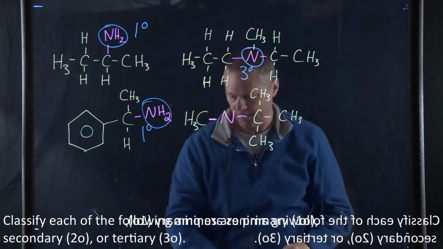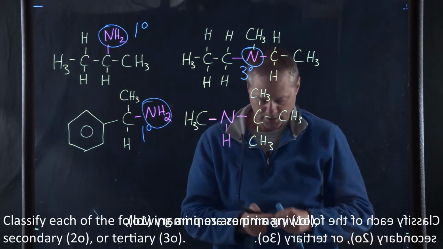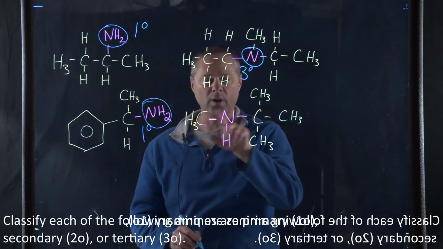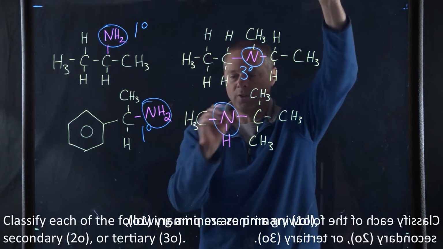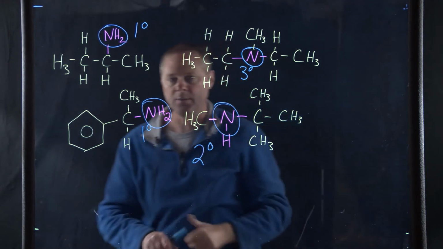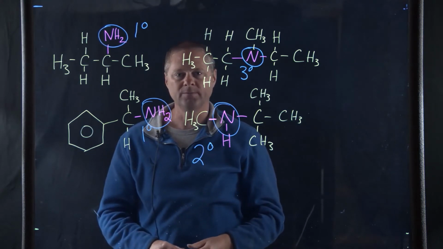This nitrogen, oops, I left the hydrogen off. There should be a hydrogen right here. Nitrogen is going to have 3 bonds. This nitrogen right here is bonded to 1, 2 carbons, so this is going to be a secondary amine. If you have any questions on problems similar to this, please let me know.